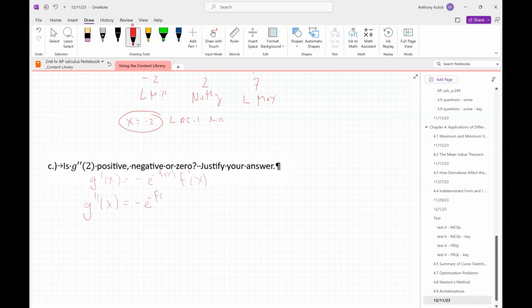So I'll take the derivative of the e to the negative f of x times f prime of x, and then I'll have negative e to the negative f of x times the derivative of f prime of x.